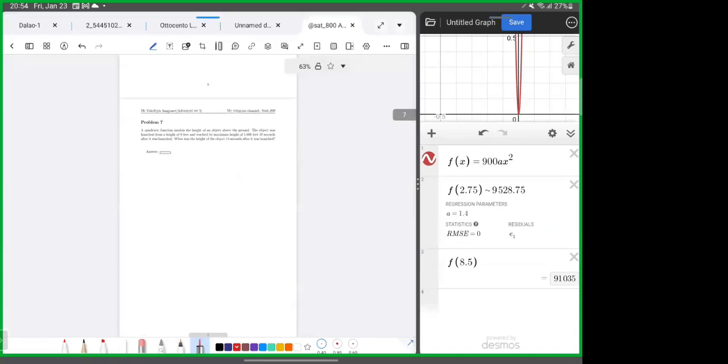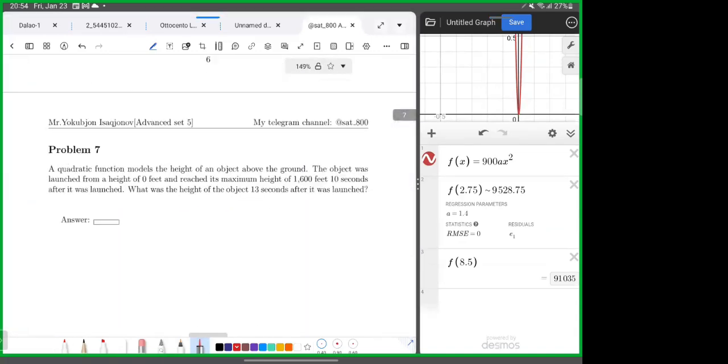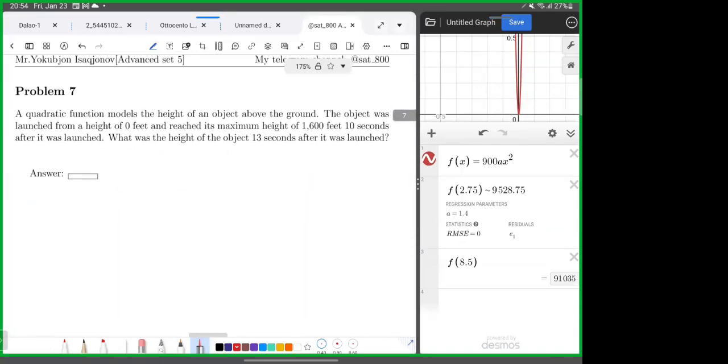Okay, the next important problem. A quadratic function models the height of an object above the ground. The object was launched from height 0 feet and reached its maximum height.